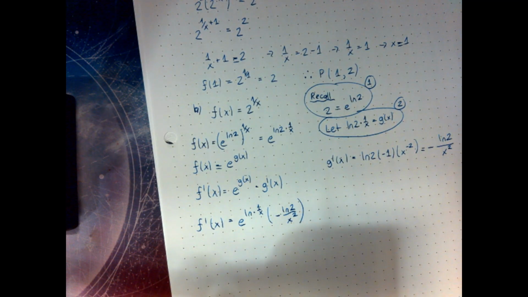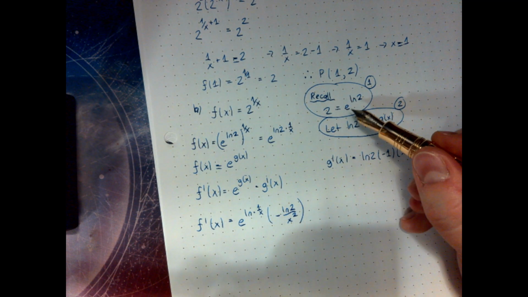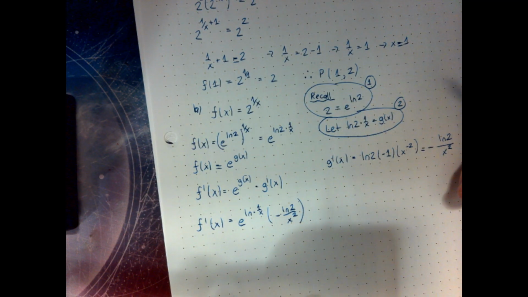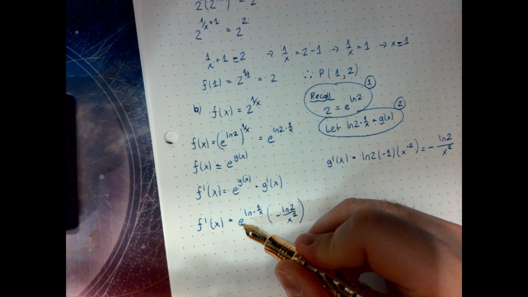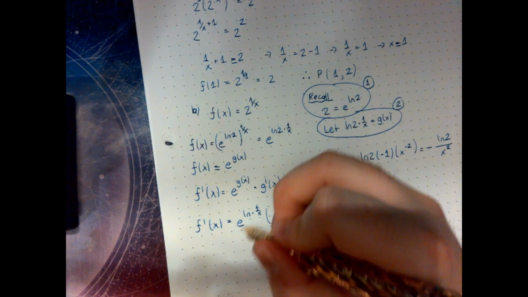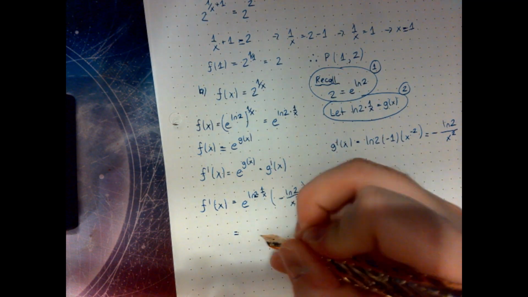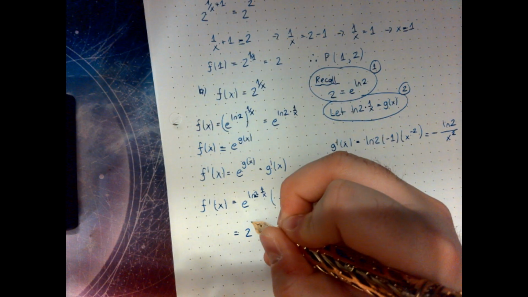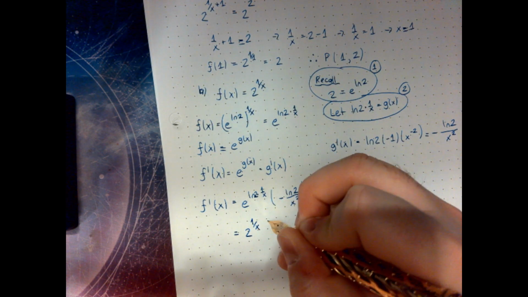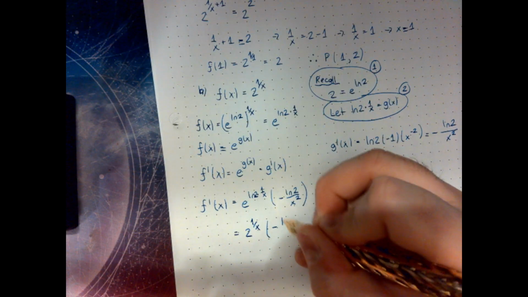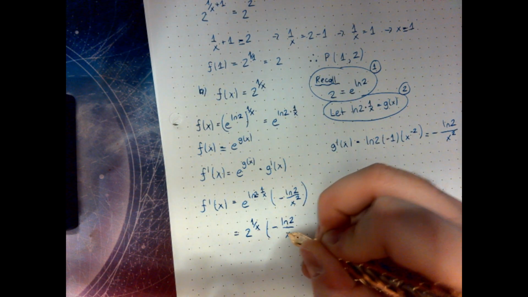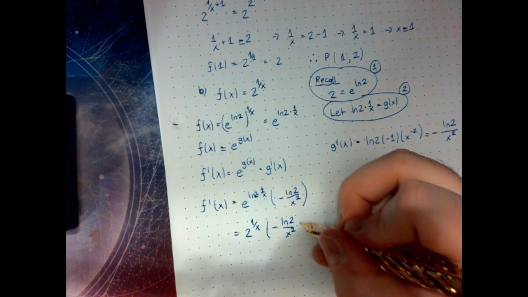And now we're going to basically perform the same algebraic manipulation we did in step 1, just in reverse, so we can get rid of this e and this ln of 2, not just ln on its own. So this becomes, what do we have here? 2 to the 1 over x multiplied by the negative ln of 2 over x squared.